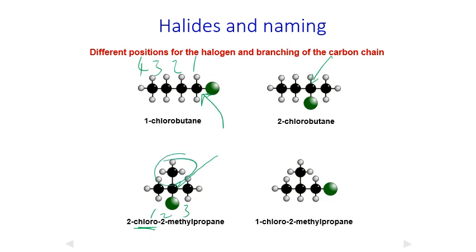You've got a methyl on there as well, so it's 2-methylpropane, and then it's 2-chloro-2-methylpropane, because not only is the methyl group on the second carbon, but there is also a chloro group. And you'll notice that the highest priority goes to the chloro group. So that's going to be 1-chloro-2-methylpropane in that second example. The methyl group is on the second carbon and the chloro group is on the first carbon.